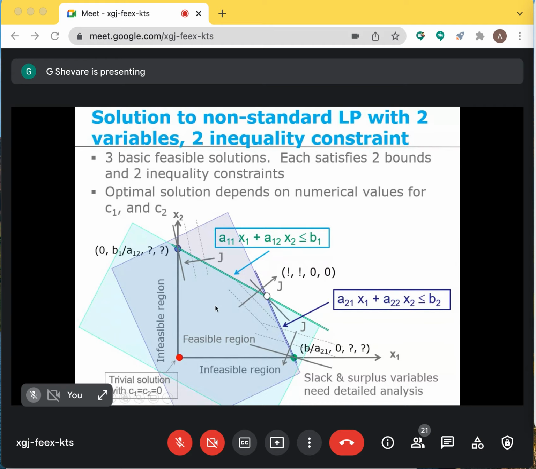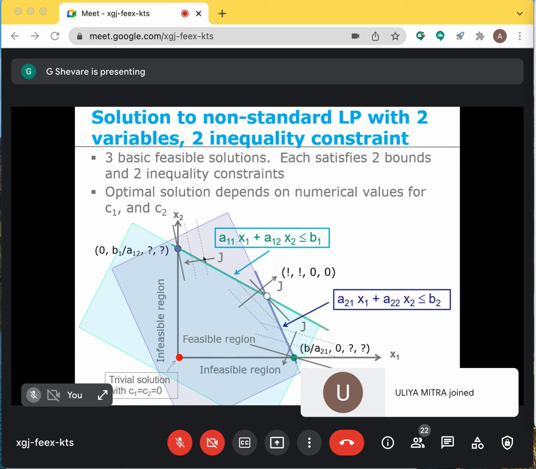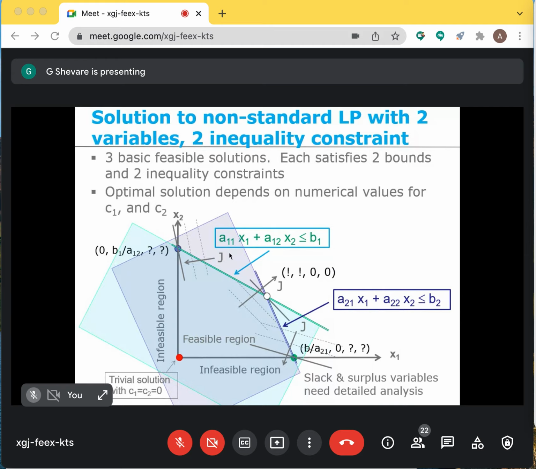Now, if I have J defined in terms of some C1, C2, then as the design variables x1, x2 change, you will get different values of J, and those J equal to constant surfaces or lines will go like this.